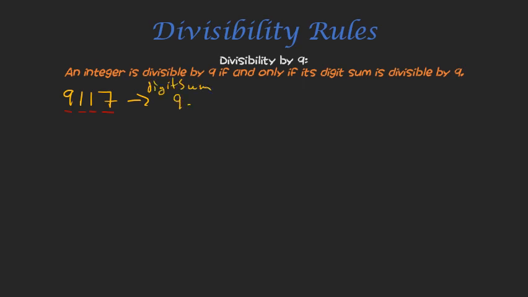So this would be 9 plus 1 plus 1 plus 7, or 8, 9, 18. And what this rule is claiming is that since we know 9 divides 18, 9 also divides 9,117. We can conclude that.